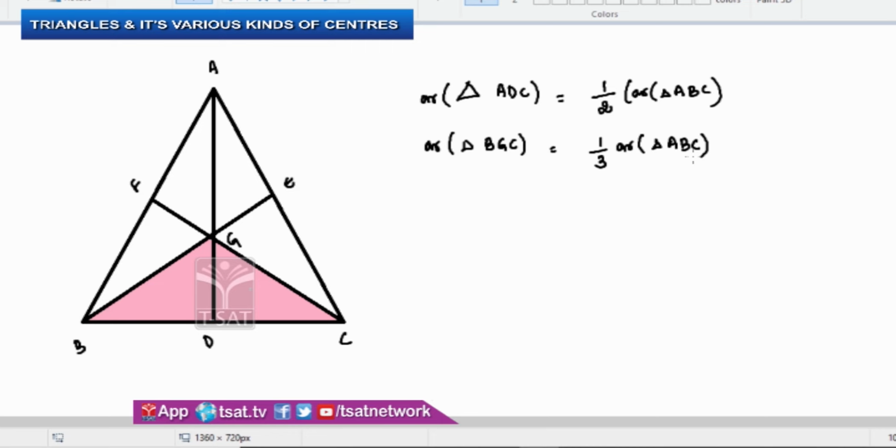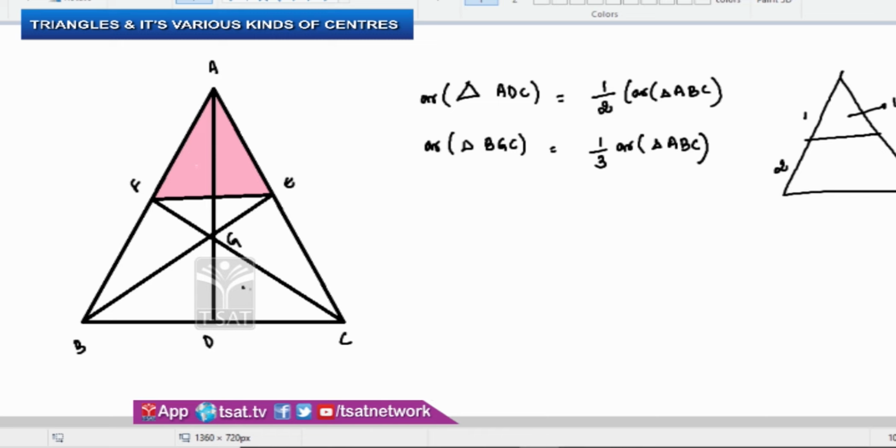Now, take the triangle AFE. Here E and F are midpoints. According to the midpoint theorem, the line joining two midpoints is half of the third side. Therefore, the sides ratio is 1:2. If the sides ratio is 1:2, they are similar triangles, so the areas ratio will be 1:4. If it is 1, the entire triangle becomes 4.